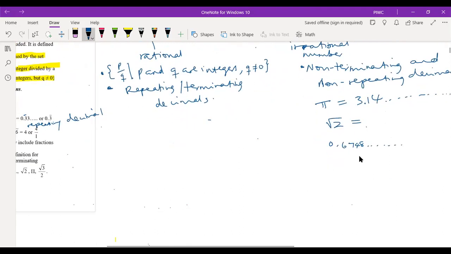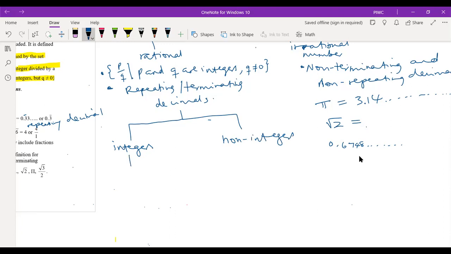Okay. So when we come here, we can break the rational numbers down with the definitions that we have so far. We have what we call the integers, and then we can say non-integers.